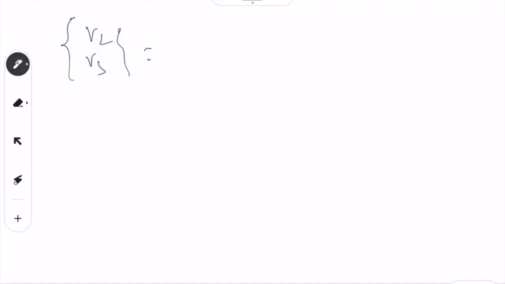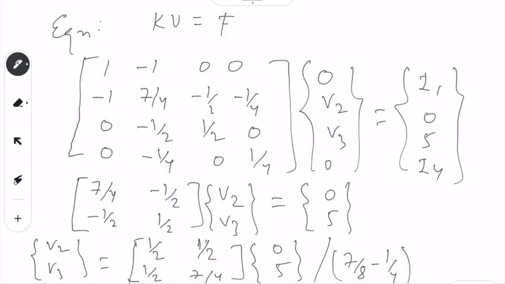And divided by the determinant, which we computed as 5 over 8.